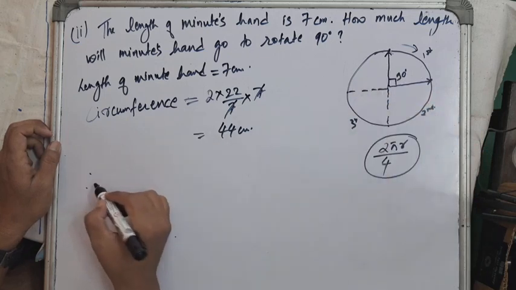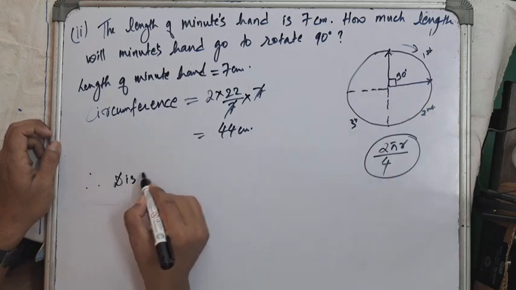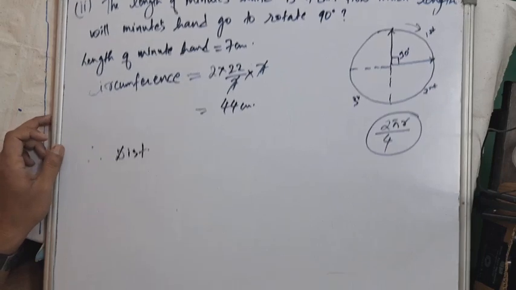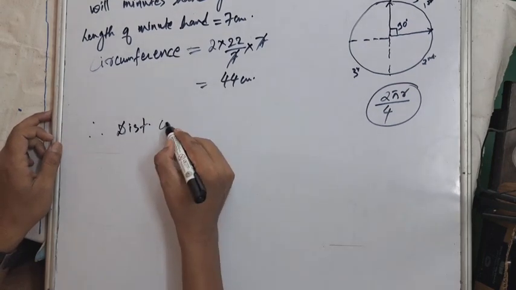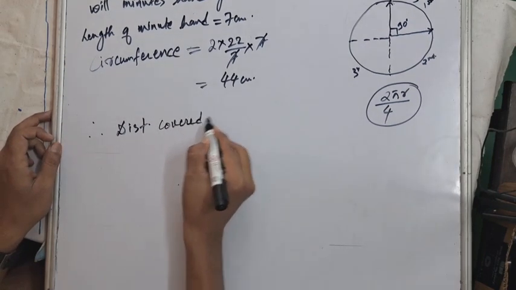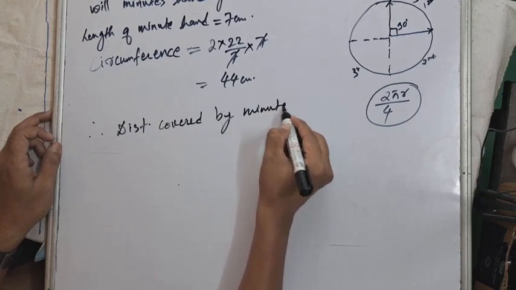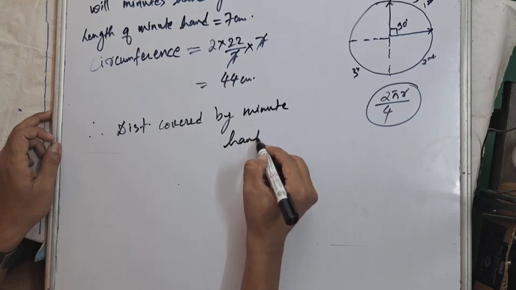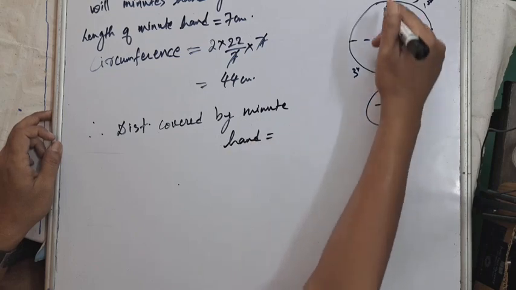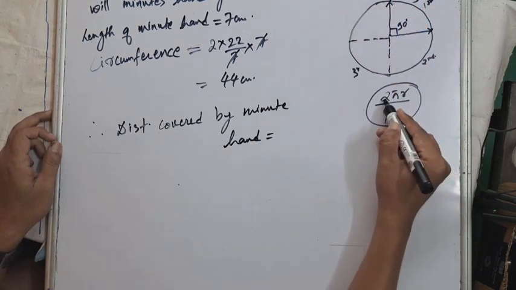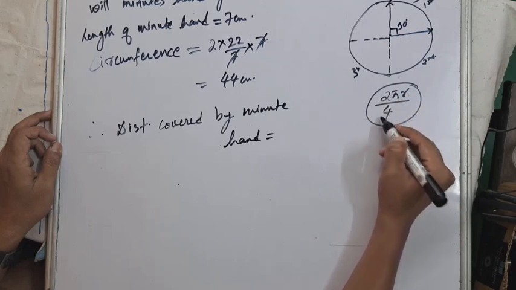So therefore, the distance covered by the minute hand is equal to the total distance divided by 4. 2 pi r means the total distance, divided by 4.